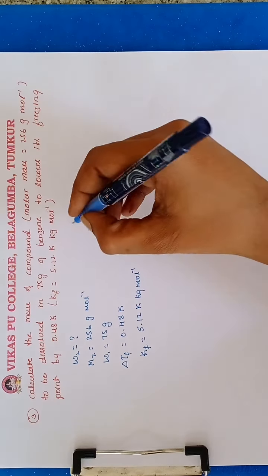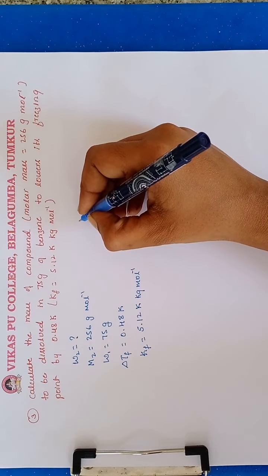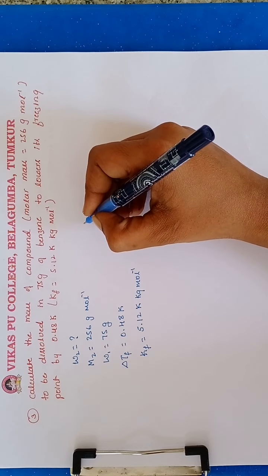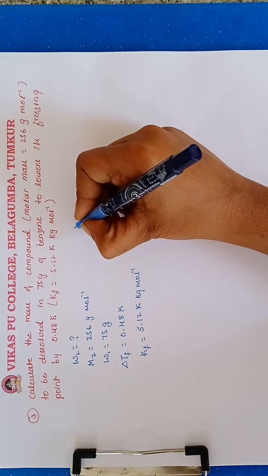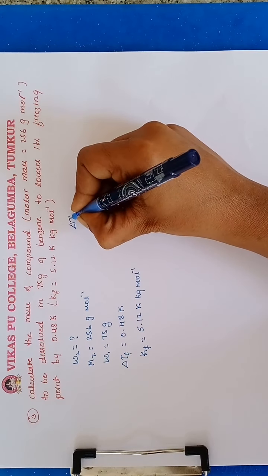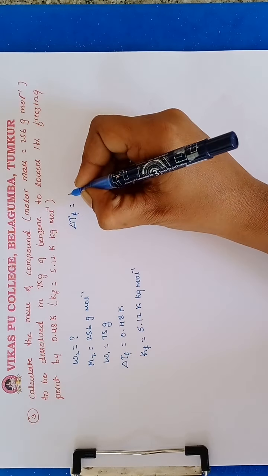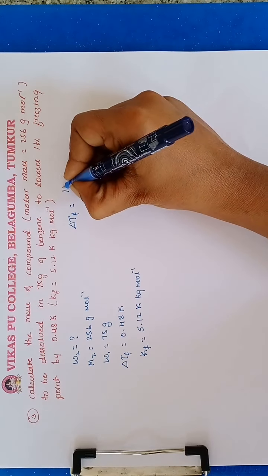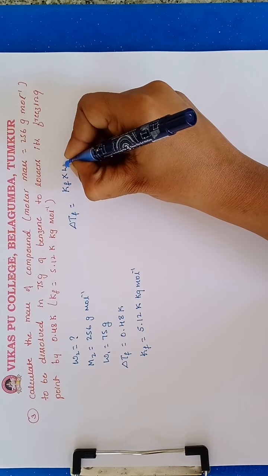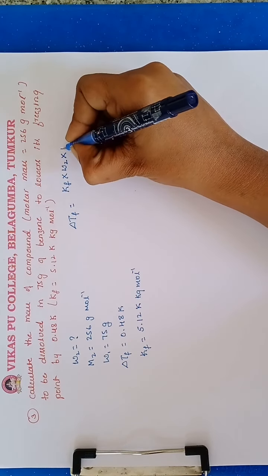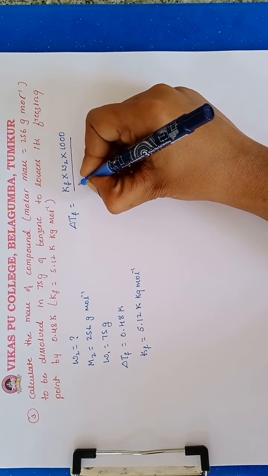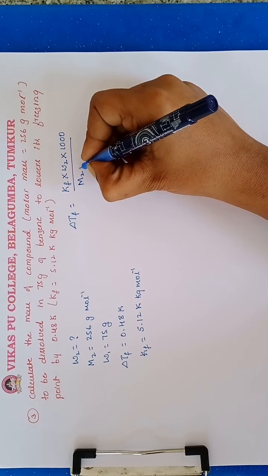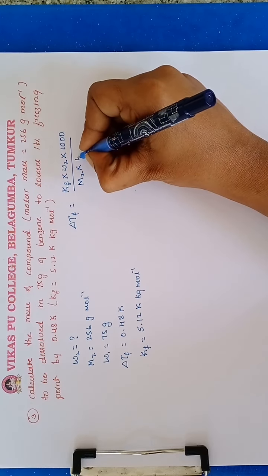Then we take the formula to calculate W2. We know the formula, delta Tf is equal to Kf into W2 into 1000 divided by M2 into W1.